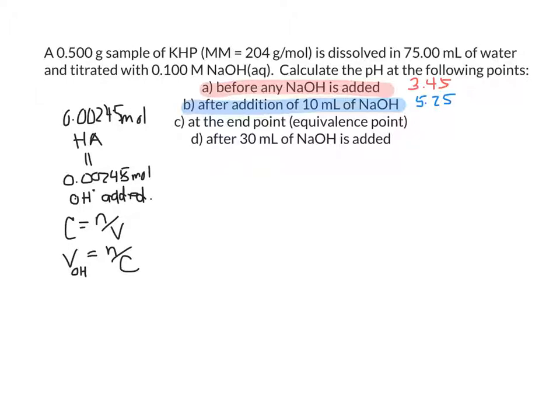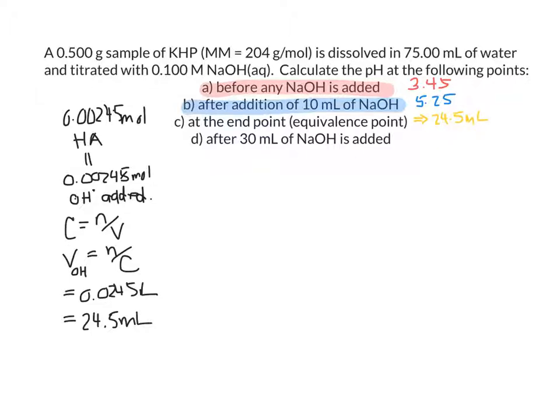The concentration of sodium hydroxide is 0.1 molar, and so if I divide 0.00245 moles by 0.1, I will find that my volume is 0.0245 liters, which is the same as 24.5 milliliters. So the equivalence point occurs at 24.5 milliliters of sodium hydroxide added.